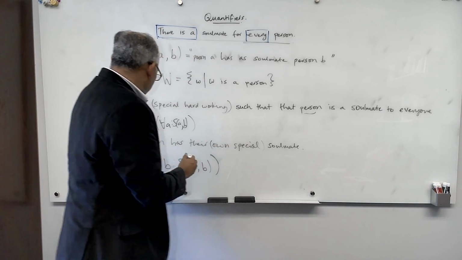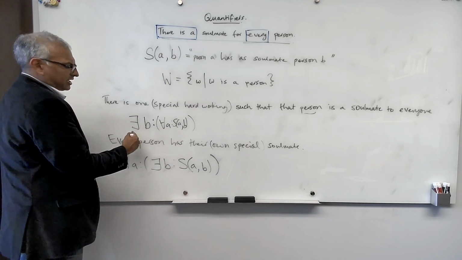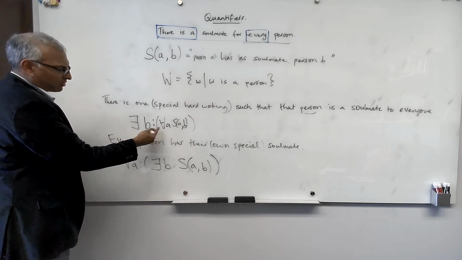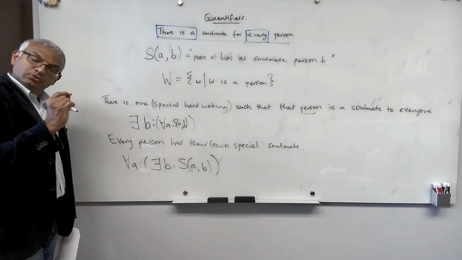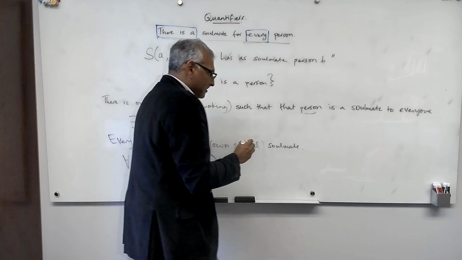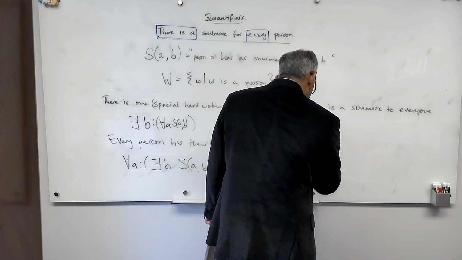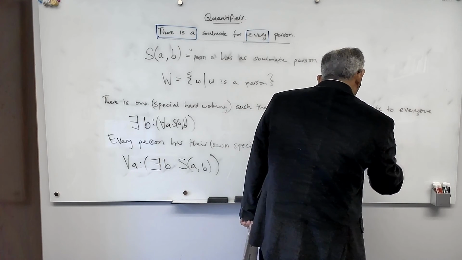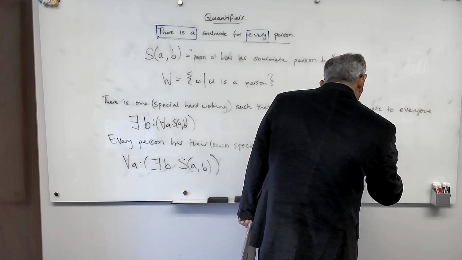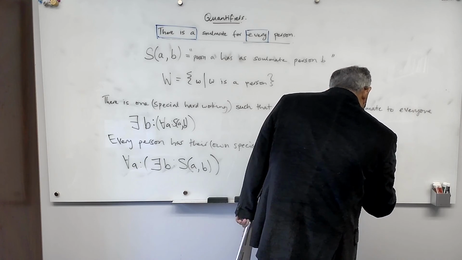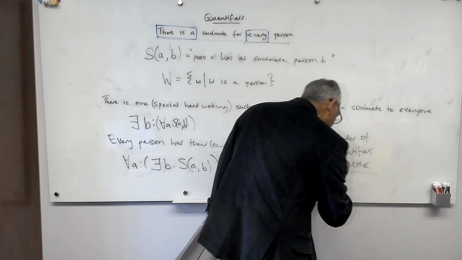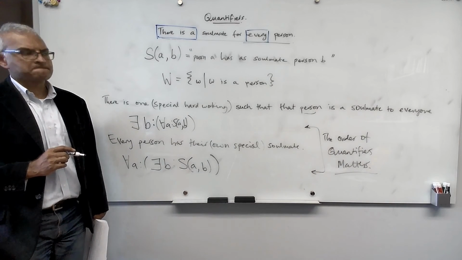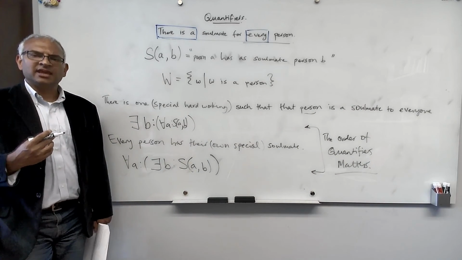Okay, so this is an example of what we call a statement that has mixed quantifiers because it has both kinds of quantifiers. Whenever you have mixed quantifiers, the order of quantifiers matters. Okay. And that's basically the end of this lecture.